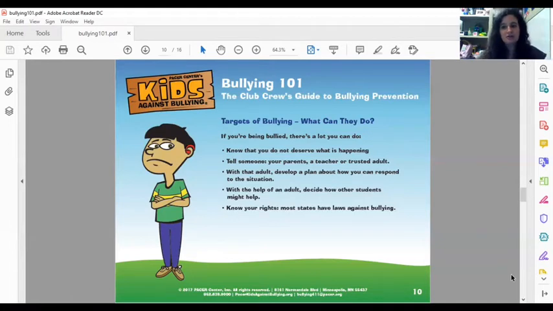So know your rights. Most states have laws against bullying. I like to point out, quite a few years ago, I had a student that was arrested for bullying. Now, this was a situation that ended up being cyberbullying, and so they had very definite proof that this child was bullying, and she was a fourth grader at the time.